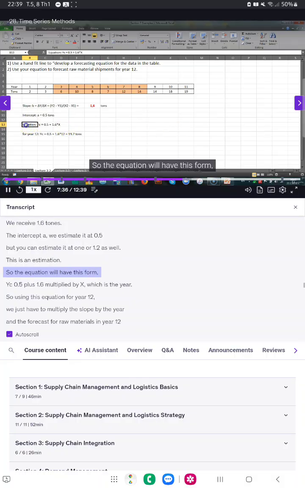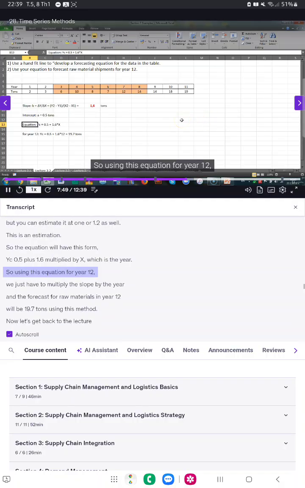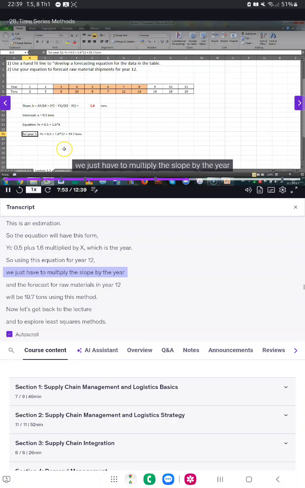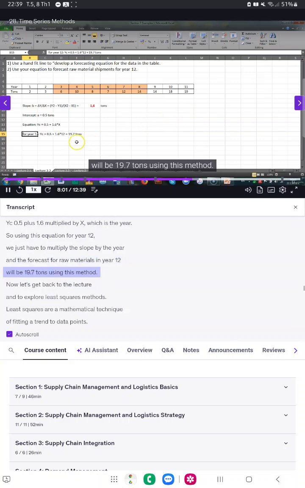So the equation will have this form: YC equals 0.5 plus 1.6 multiplied by X, which is the year. So using this equation for year 12, we just have to multiply the slope by the year. And the forecast for raw materials in year 12 will be 19.7 tons using this method.